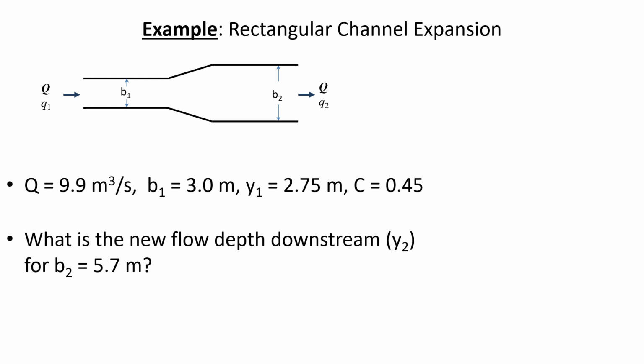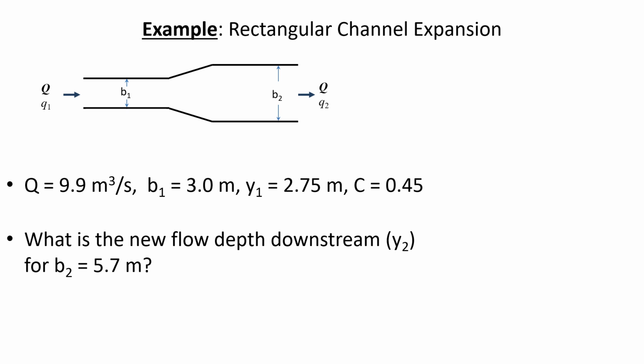Let me give you a suggested workflow, and then I'll pause and allow you to do this. First of all, find q1, so the flow per unit width at 1, and then from that you can calculate y sub c, and then diagnose the flow regime. Super or sub?